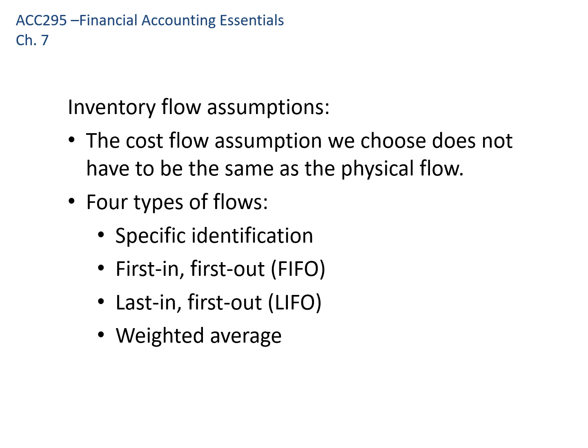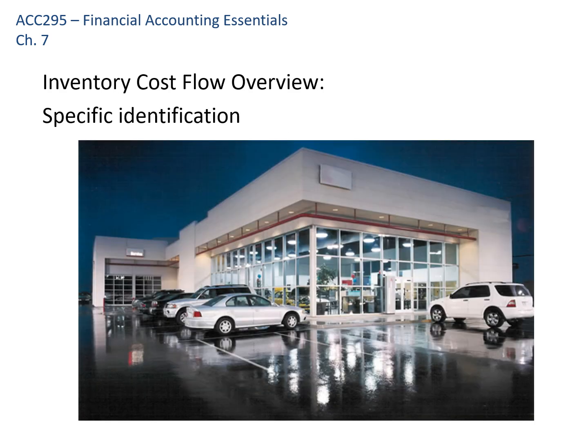So the 4 types of flows, and I'll talk about each one in more detail, is specific identification, first in, first out, or we say FIFO for short, last in, first out, which is LIFO, and then weighted average.